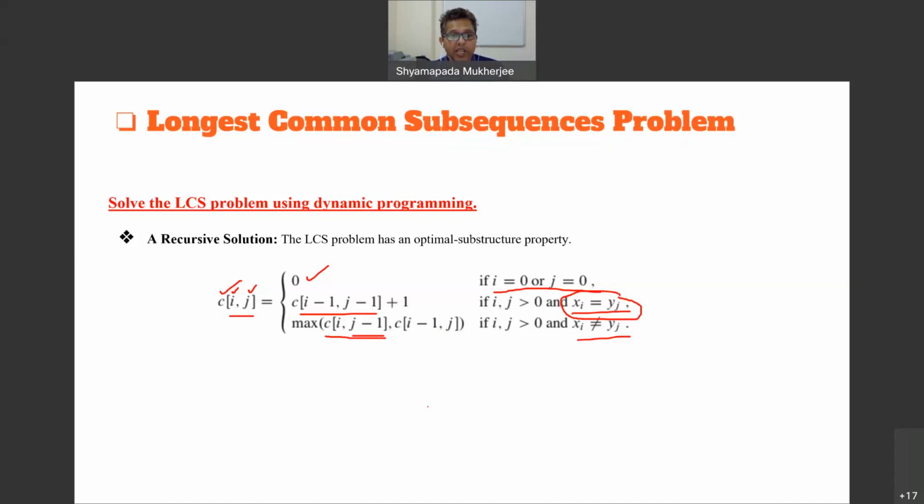So this gives a recursive definition of the optimal solution for the longest common subsequence. From this we also want to see whether the subproblems overlap or not.